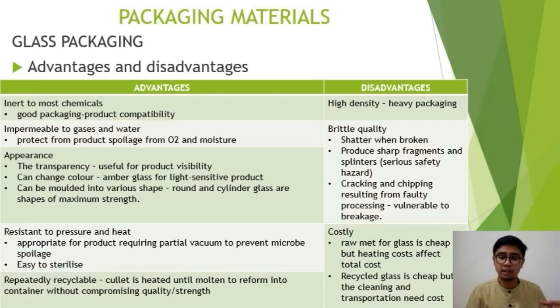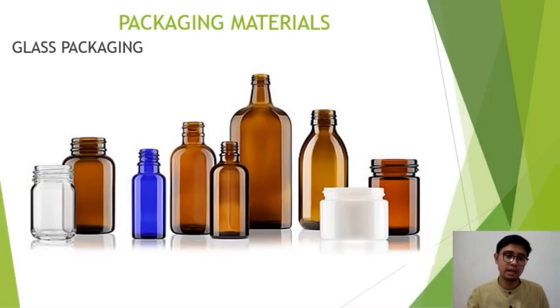Other than the manufacturing of the glass, the recycling of the glass also has a high cost, but it is not because of the direct cost of recycling, but because of the cost of transportation due to the high density packaging. This is an example of bottle glass packaging that is usually used in nutraceutical products.